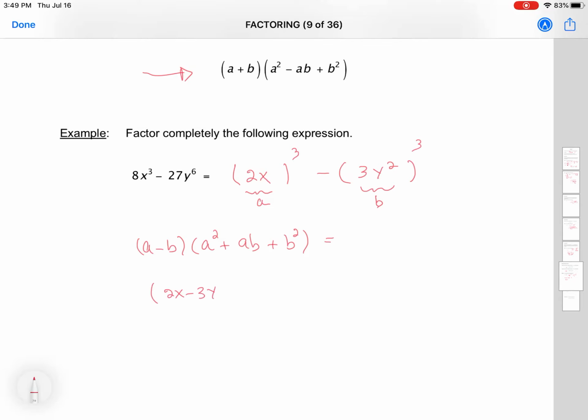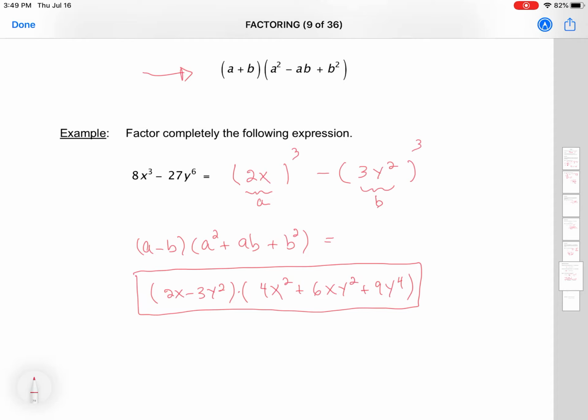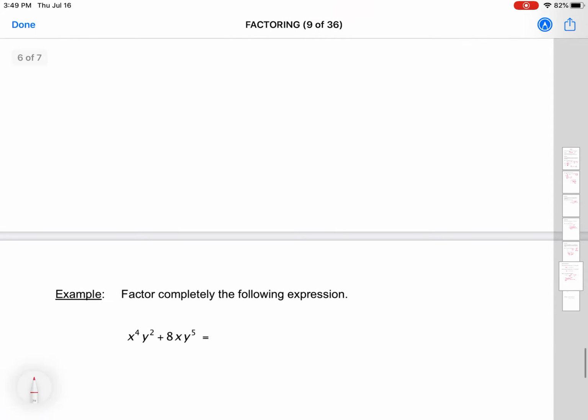And you are going to get 2x minus 3y squared, times A squared, so (2x) all squared, that's got to be 4x squared, plus AB, the product of the two, so 2x times 3y squared, that would be 6xy squared, plus B squared, so that's now the square of 3y squared, that is 9y^4.